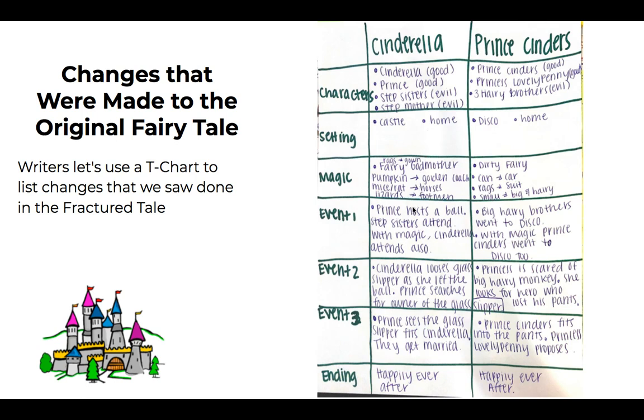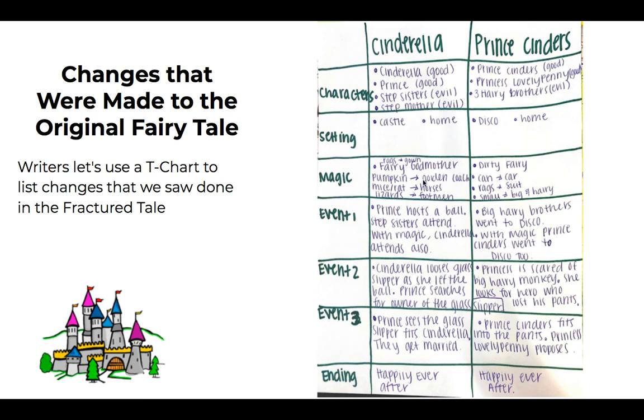Okay, we had some magic going on, thanks to our fairy godmother. Okay, she turned a pumpkin into a golden coach, which was like a wagon. And then she turned the mice and rats into fancy horses. She turned the lizards into footmen. Okay, and then she turned Cinderella's rags that she was wearing into a beautiful gown.